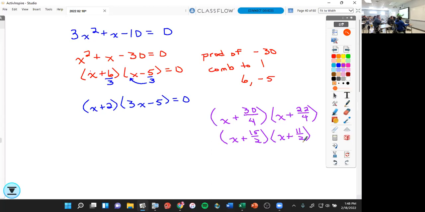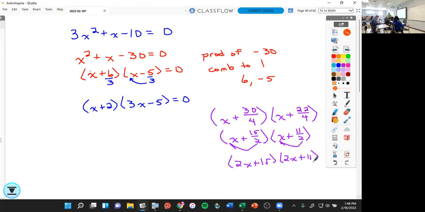If we reduce to the point where we still end up with fractions, that 2 comes over here, this 2 comes over here, which gives us 2x plus 15 and 2x plus 11. But you have to reduce first. Reduce first and then get the denominator to the front.